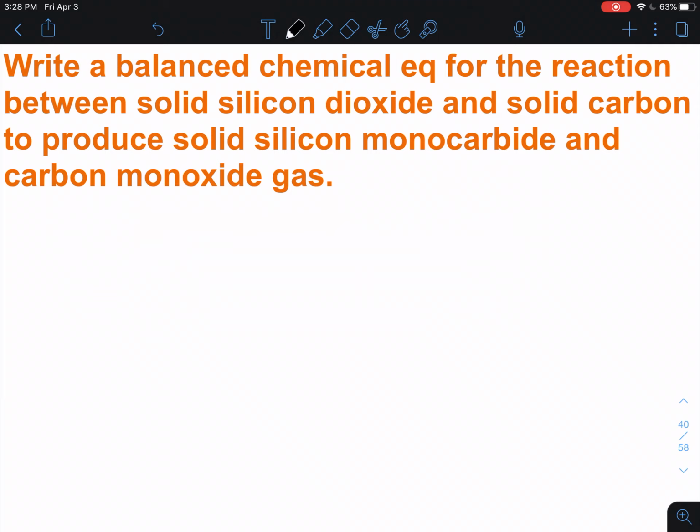So it says for the reaction between solid silicon dioxide, all right, so silicon dioxide, SiO2, I'm going to include the phases in here because the phases were given to me, plus I'm going to leave a space for my coefficient, solid carbon.